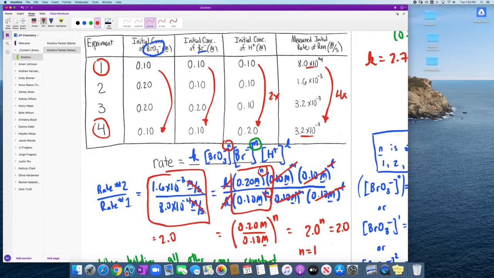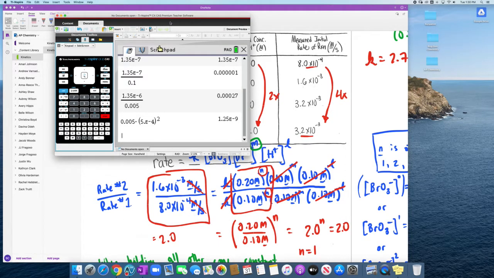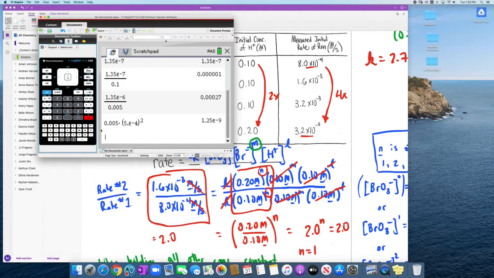If you can't see that, there's no shame in using a calculator to compare those. I always take the larger one and divide it by the smaller. Here on my calculator, 3.2 times 10 to the negative 3 divided by 8 times 10 to the negative 4, you can see it's 4 times the rate.